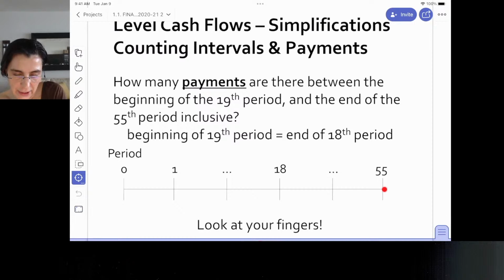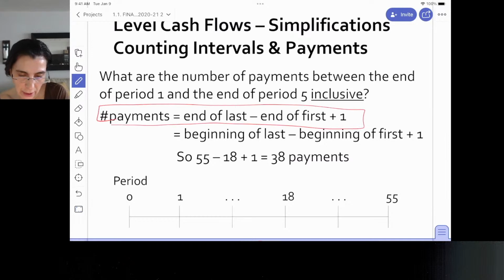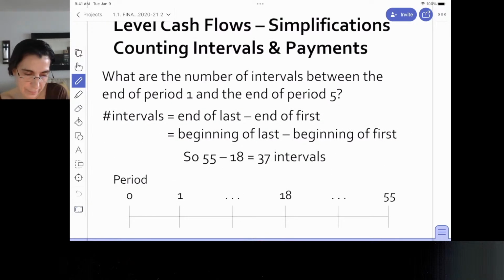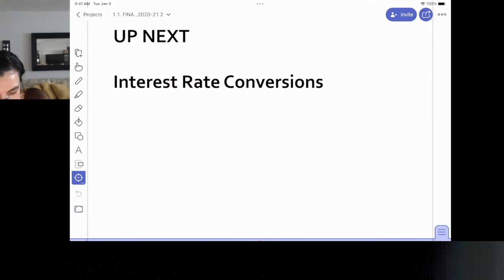So end of 18th, the end of the 55th, including 18 and 55, you have to add 1. So these are just 2 rules to remember if you're counting payments or counting intervals. And it also holds true if you go from beginning to beginning. So have a look at that, make sure that that's convincing.